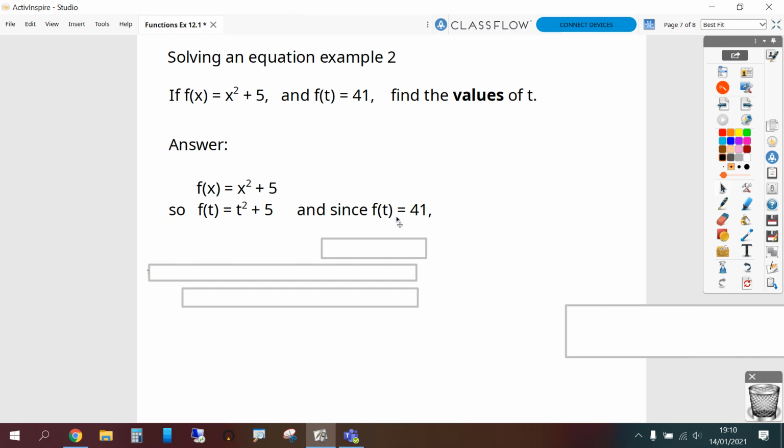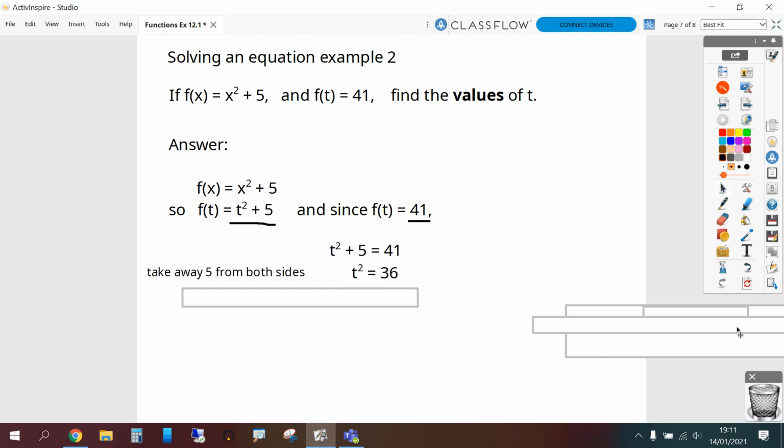And since f of t is equal to 41, we can then say, like before, that t squared plus 5 is equal to 41. And then we just need to solve this equation. Take away 5 from both sides. And then here we've got t squared, so unsquare that, we square root.